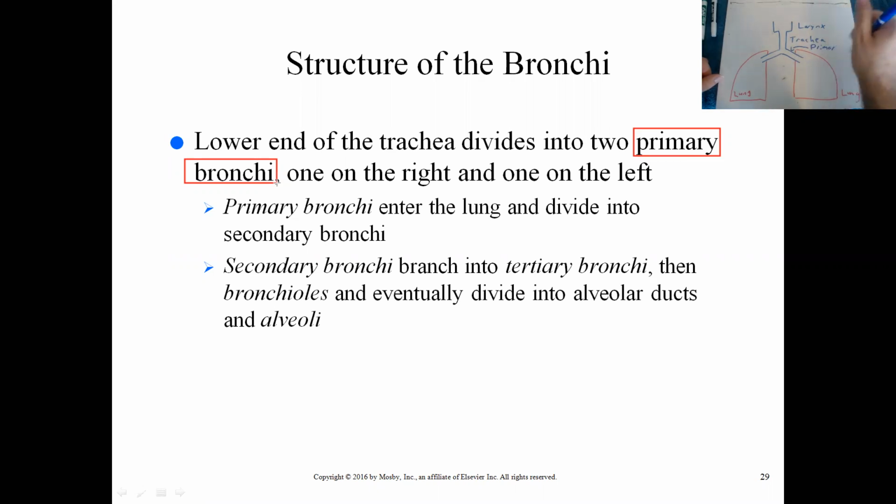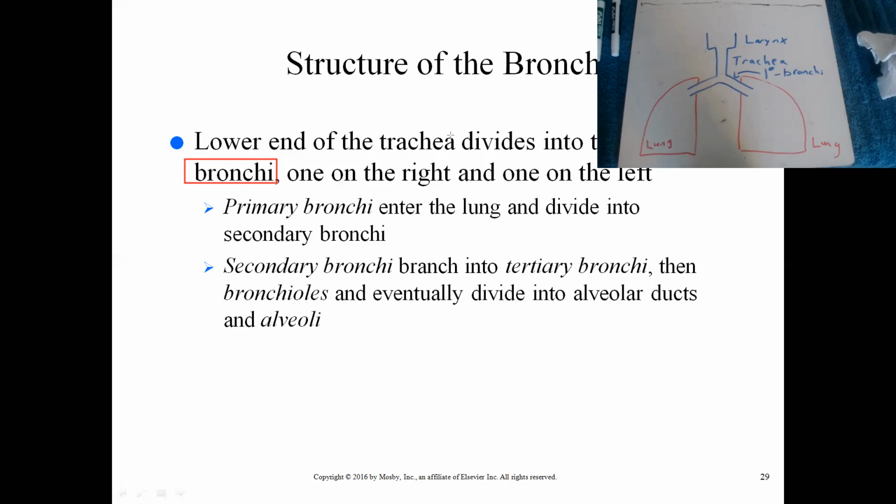Actually, I'll need some extra room on here, so I'll just use numbers. So use 1 and a degree symbol for primary bronchi. There's a left and a right. And those are the first tubes entering the lungs.